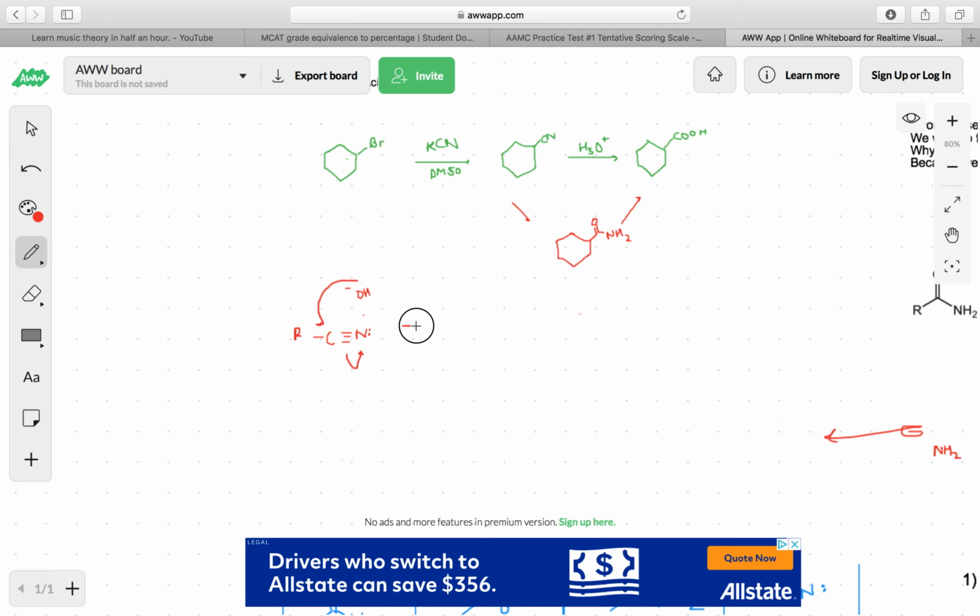So you should get this. Now you have two sets of lone pairs on this nitrogen, and you have an OH. Now this negative charge is going to be reduced by getting a proton from solution.